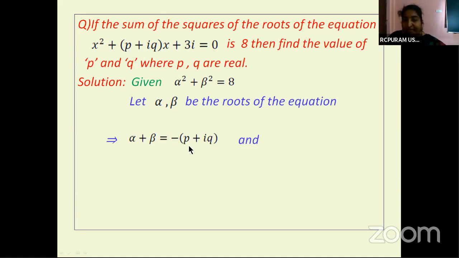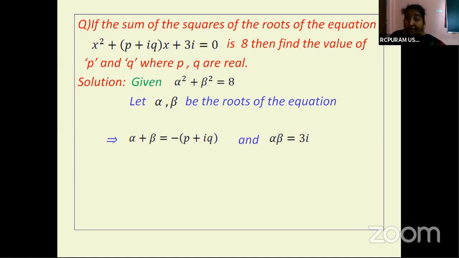So alpha plus beta is minus of p plus iq, and the product of the roots is c by a. Alpha beta is equal to c, which is 3i, and a is 1. So 3i by 1 is 3i only.